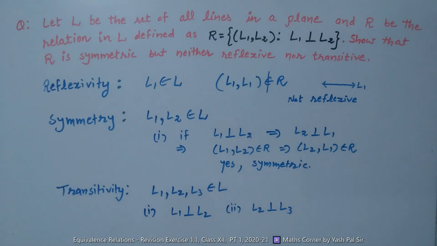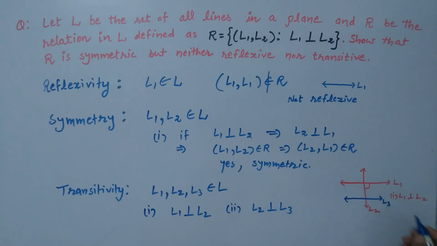So first of all, suppose this is the L1 line and this is the L2 line. So the meaning is L1 is perpendicular to L2, number one. Now we take the third line. Suppose this is the third line, L3, and we are talking about L2 and L3.